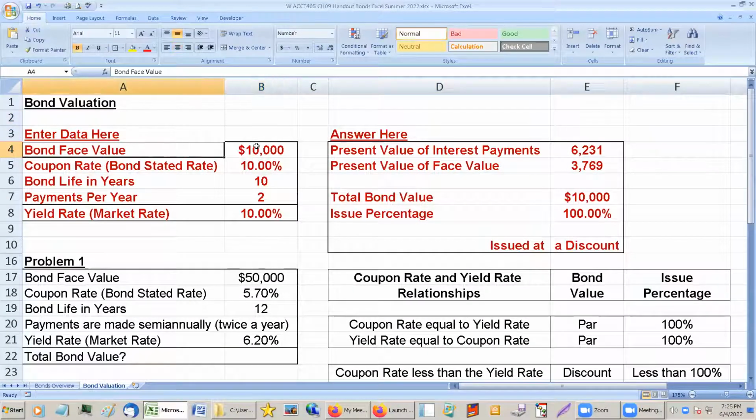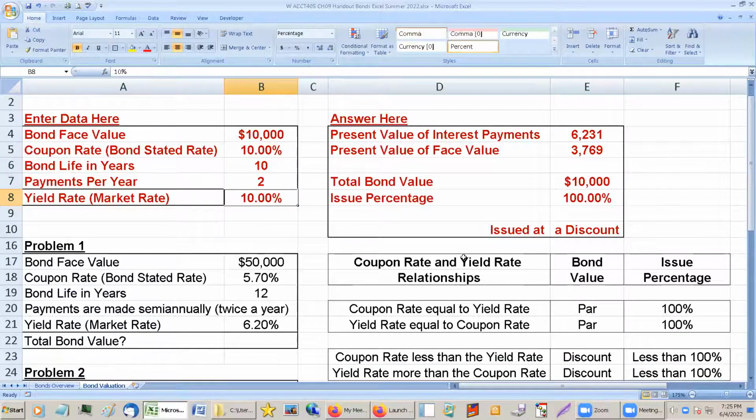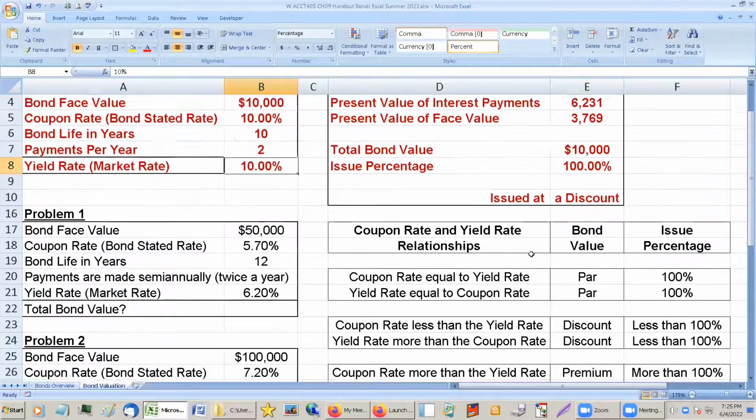Either way is fine. Basically the way this one is set up is that you enter the data here, and the answer comes out on the other side. I'll talk about these in a minute over here.